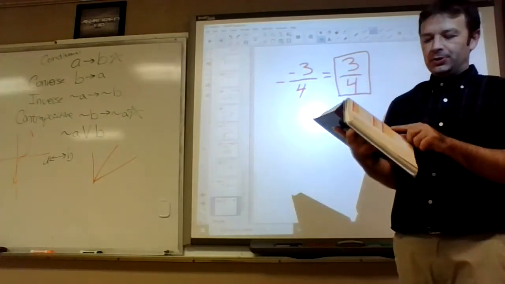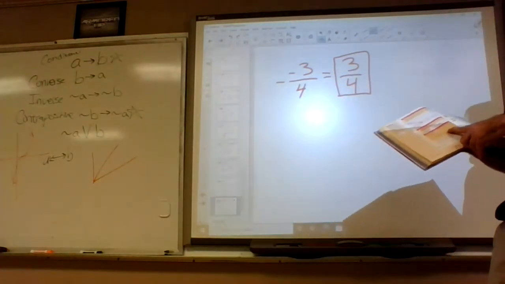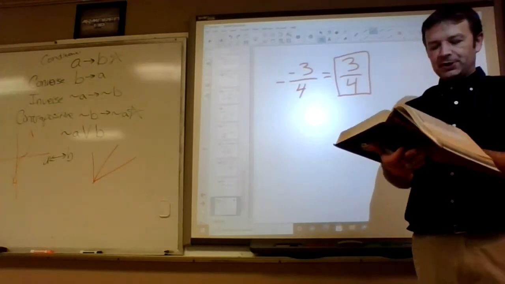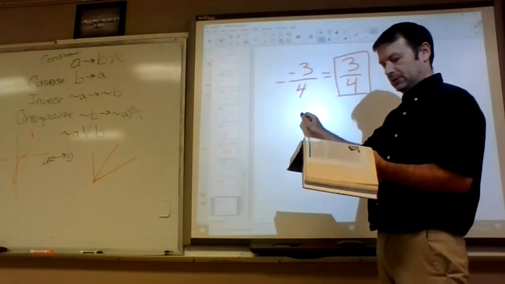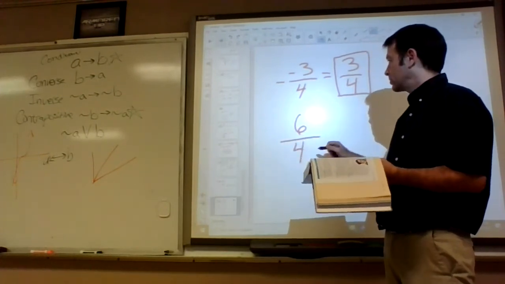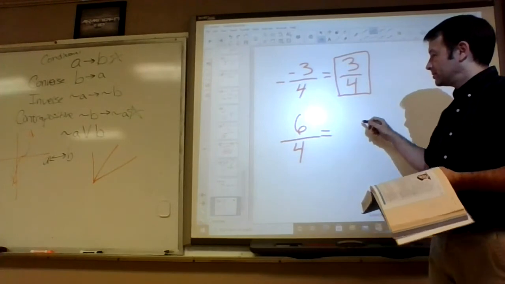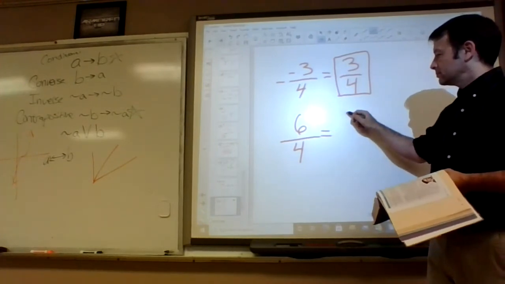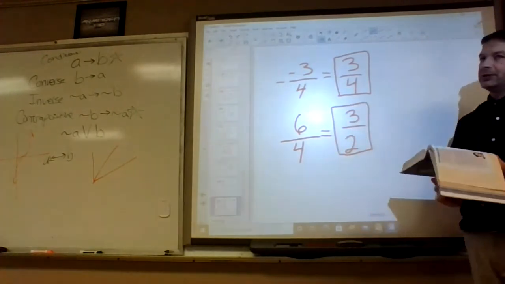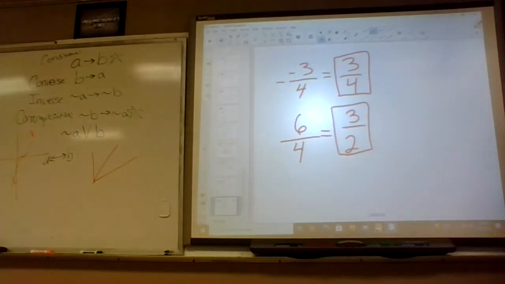So we're going to use the last coefficient over the first coefficient. The last coefficient is 6, and the first coefficient is 4. So what does that reduce to? 3/2. So that is the product of the roots. You guys see how I did that?